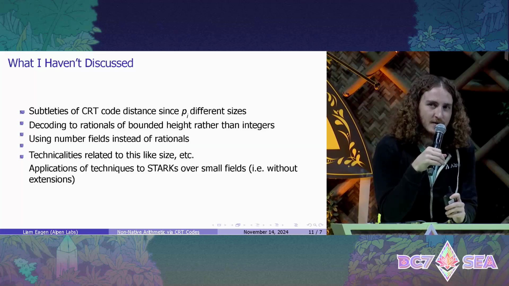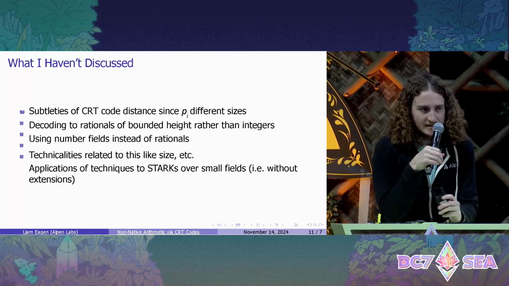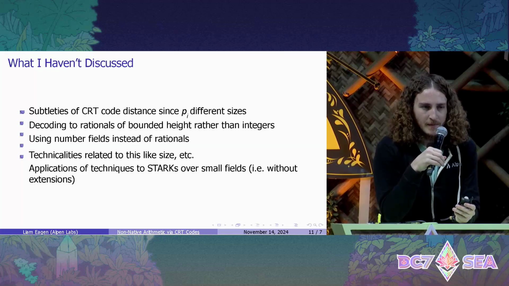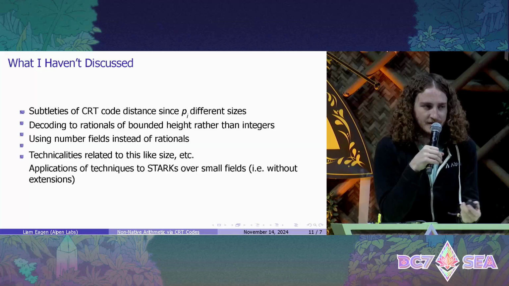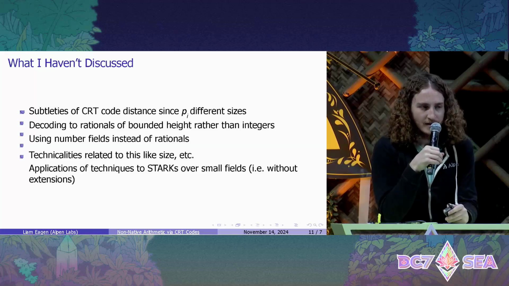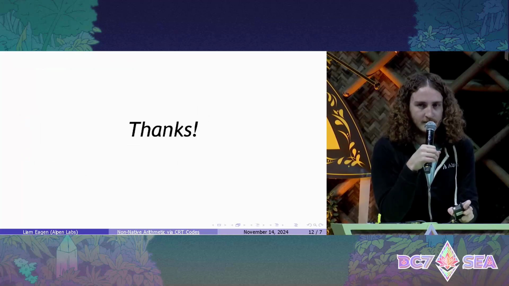In this way, it's analogous to taking an integer linear combination of integers, and it has a lot of the same problems, but it would allow us to avoid ever working with extension fields, potentially. So I think that would be an interesting direction to explore if this work ends up making sense. And that is all I have. Thank you.